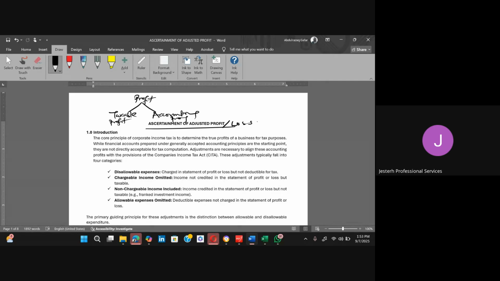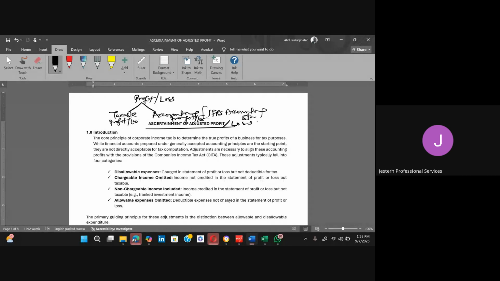So we have taxable profit or loss, and we also have accounting profit or loss. When it comes to accounting profits, we prepare our accounting profits using IFRS accounting standards, isn't it?